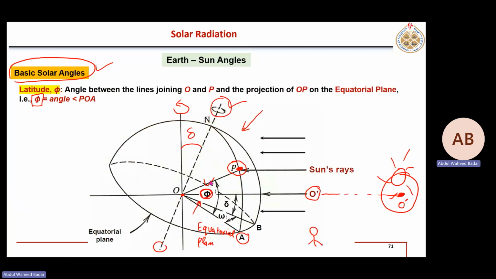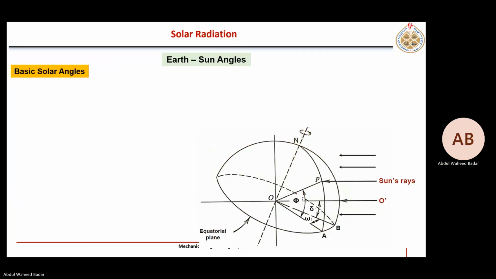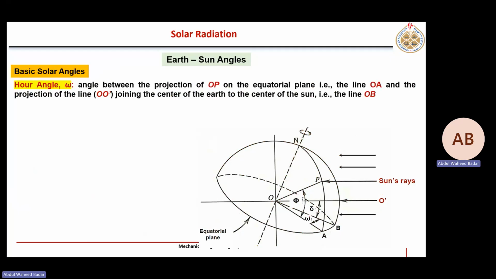Okay, let's see another angle, the hour angle. Here it is shown. Now what is this hour angle? It is the angle between the projection of OP, which we just discussed, that is OA on the equatorial plane, and the projection of the line OO dash. What was OO dash?